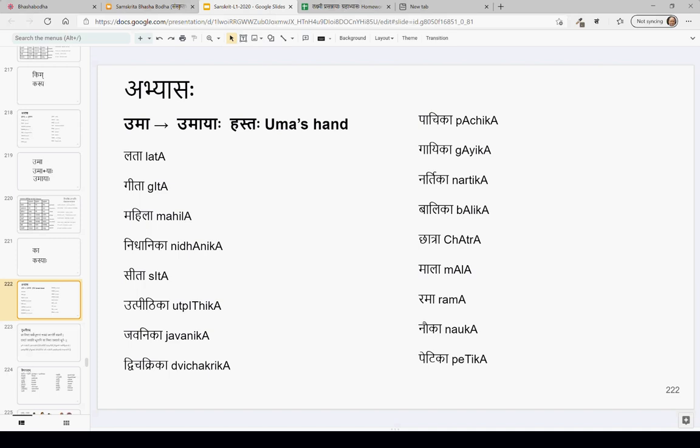Latayaha Pustakam. Or Latayaha Pushpam. And what will be the question word for that, in place of Latayaha? Ka Pushpam? No, we want to use whose, not who. Answer is Latayaha Pustakam.